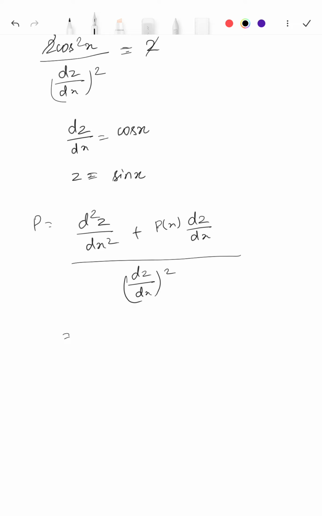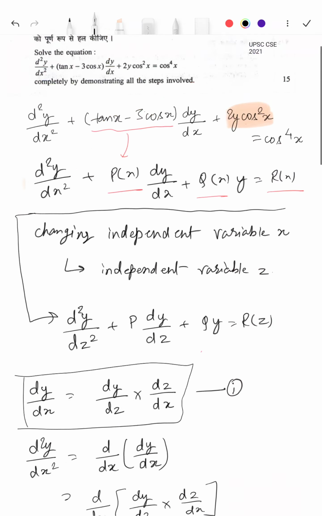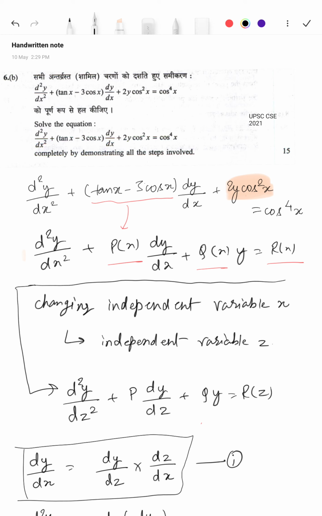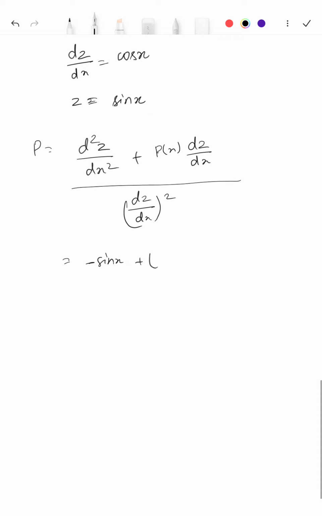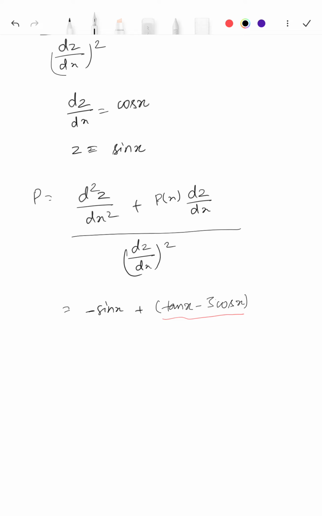So d square z by dx square is what? It is minus of sin x, plus px is my this one. Let's copy this. 10x minus 3 cos x is my px. Put it here. Okay, 10x minus 3 cos x is my px, and that is getting multiplied by dz by dx, and dz by dx is cos x.